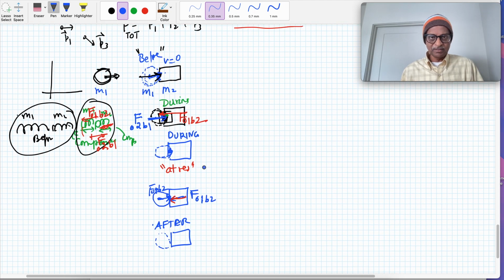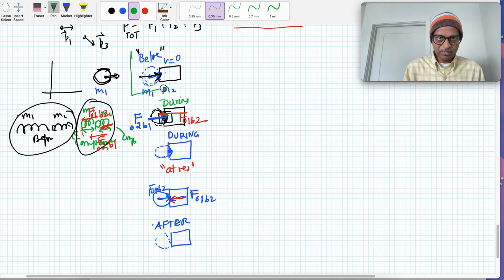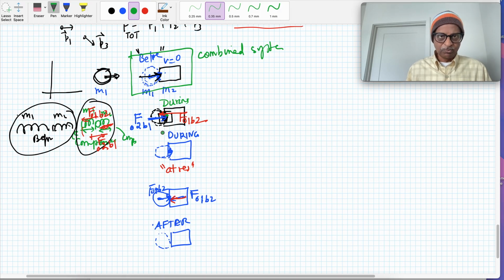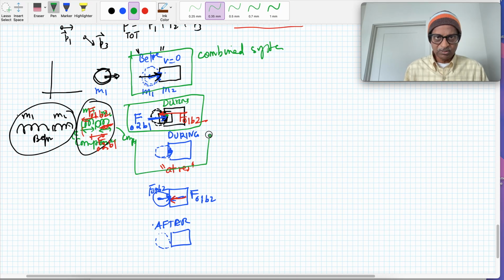So for this whole entire duration, if I look at these as one combined system, then all the forces are internal. In the combined system, the forces this way are F on 1 by 2 and F on 2 by 1.